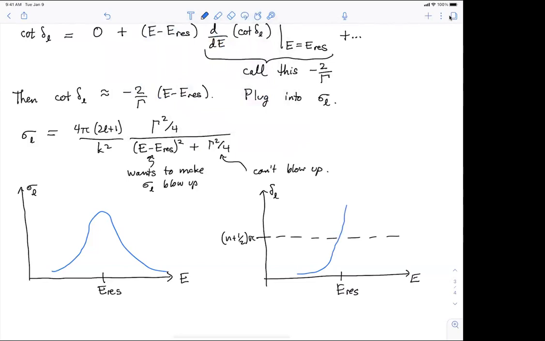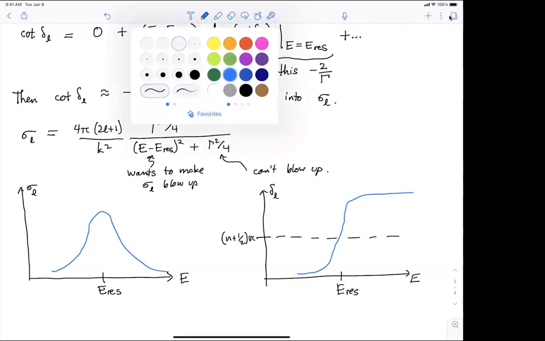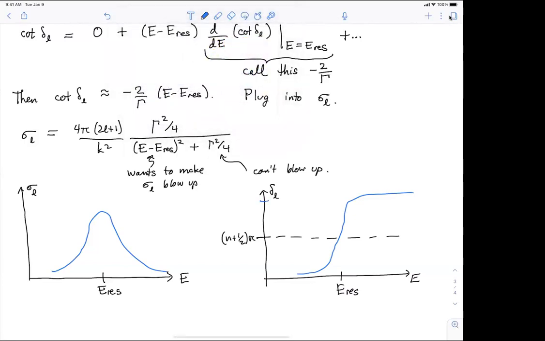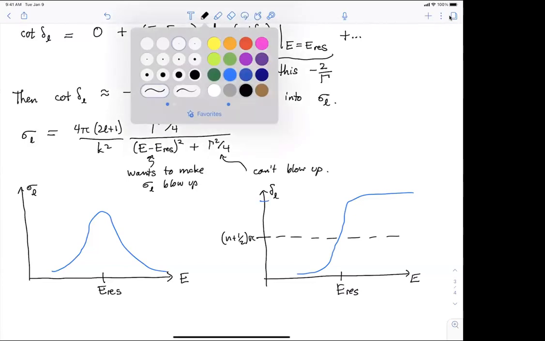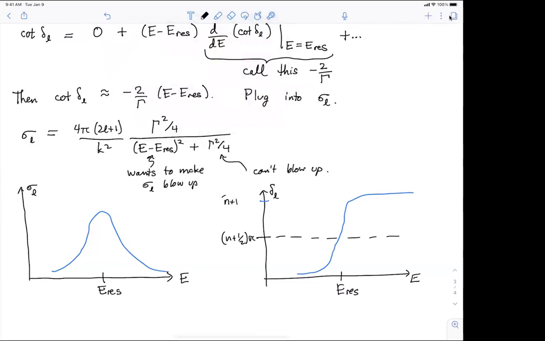It goes very steeply through and then it tails off again up here at (n plus 1) times pi and down here at n times pi. Okay, and the slope of that line is determined by gamma.